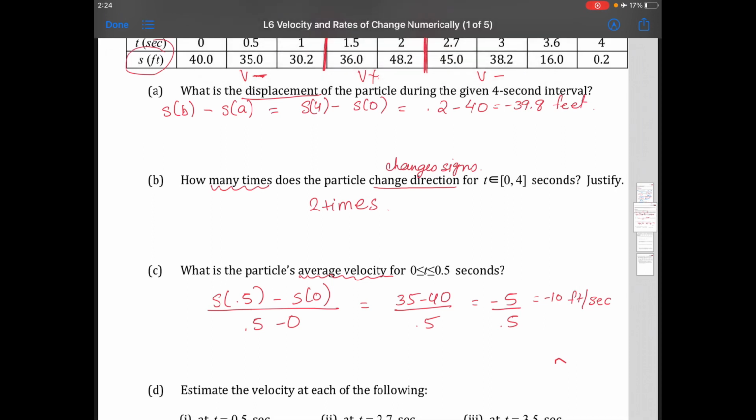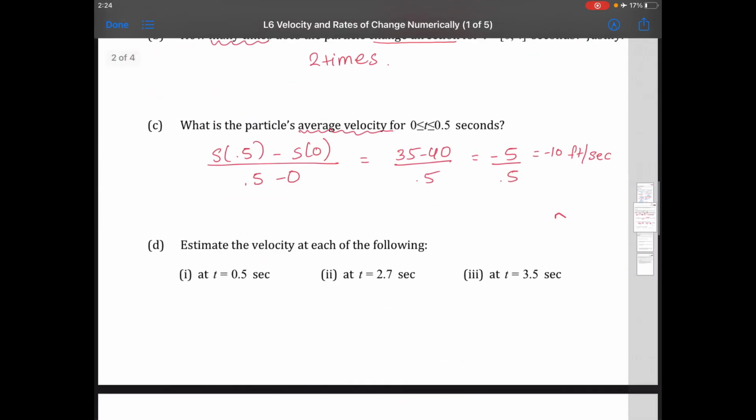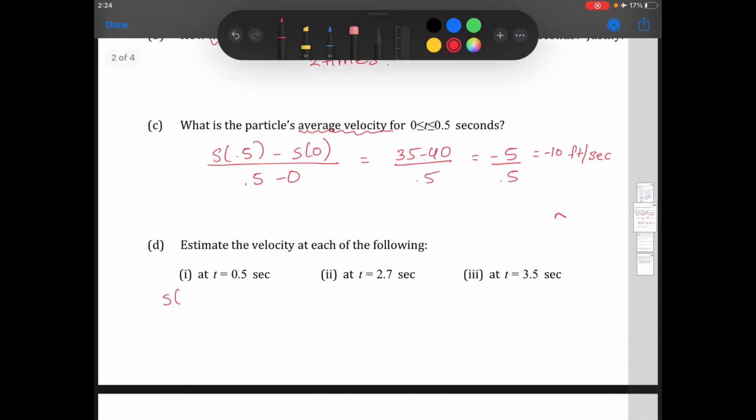Okay, so here, if you look at my 0.5, I can do the slope between 0 and 0.5, or between 0.5 and 1, or I can even do it between 0 and 1. So any of those 3 answers will be acceptable. I'm just going to do S of 0.5 minus S of 0 over 0.5 minus 0, which is negative 10 feet per second.